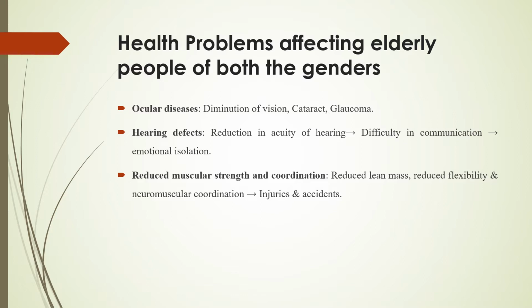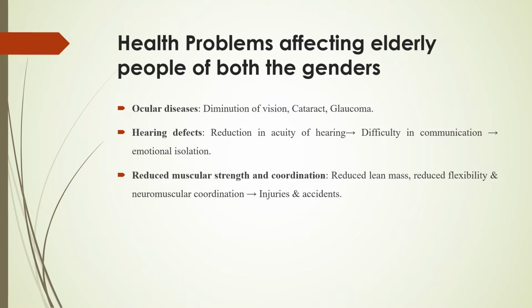The health problems affecting elderly people of both genders. Firstly, ocular disease. With the progress of age, people suffer from various kinds of diseases. In ocular disease, there will be diminution of vision, and they may suffer from cataract or glaucoma.